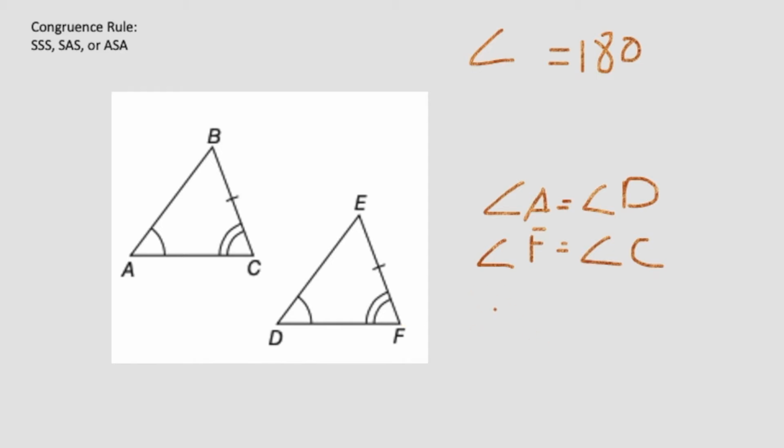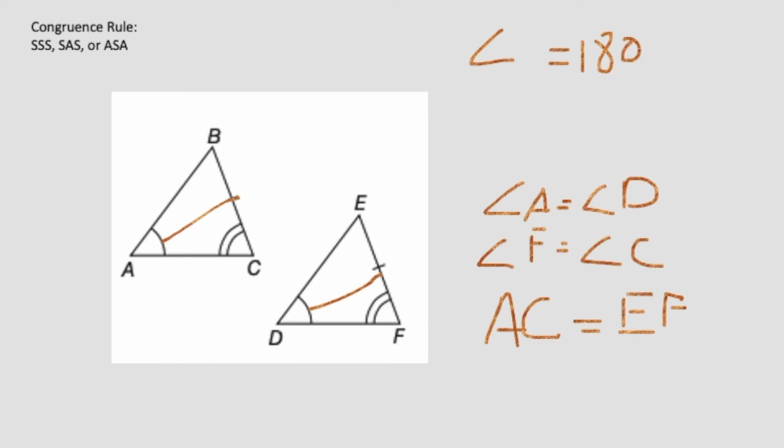I know that line AC is equal to line EF. Are these equal angles and sides in the same order in both triangles? Yes, they look like they are. Are equal sides opposite equal angles? This is opposite an equal angle, that equals side, right?